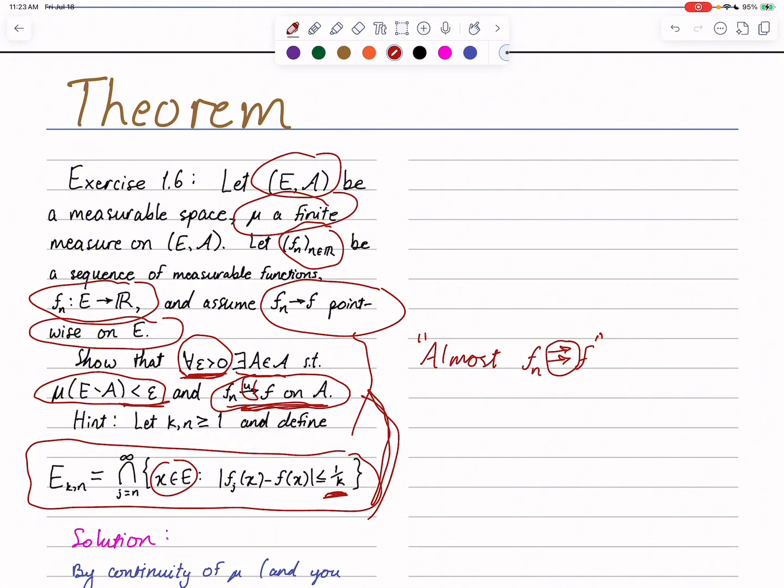So, in effect, for a fixed k and n, we're just talking about one of these sets, and it is the set of all points that stay close together, right? Stay within 1 over k of each other throughout all of E. So that's what E sub k n is.